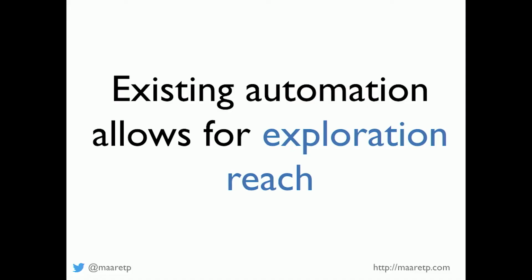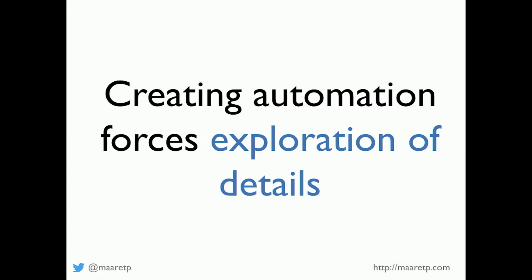So I learned really quickly that all this exploration that we were doing, it was better if we didn't separate exploratory testing and automation. It was better if I could use the existing automation for exploratory testing reach. It was also better if we could use it as documentation, as we talked about before. Also, I noticed that when I wanted to document things, and I wanted to write things down in automation, it forced me to really pay attention to details in a way where I usually didn't need to go if I was doing it more in the attended mode.